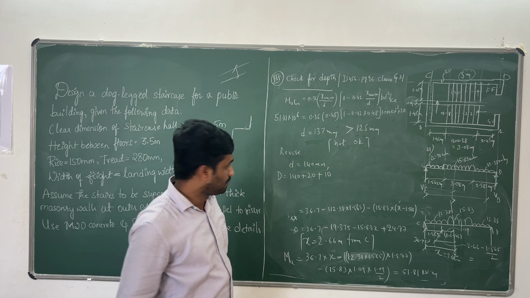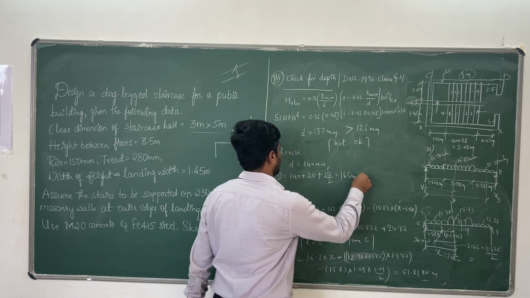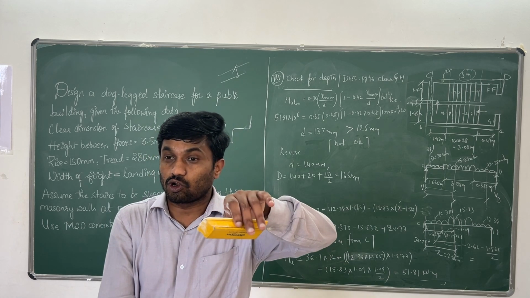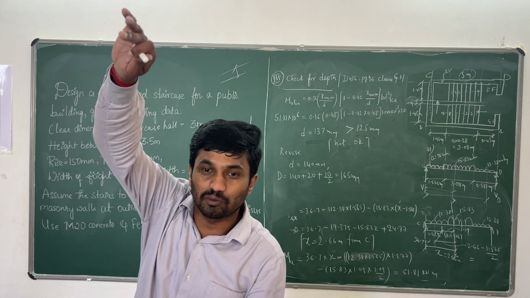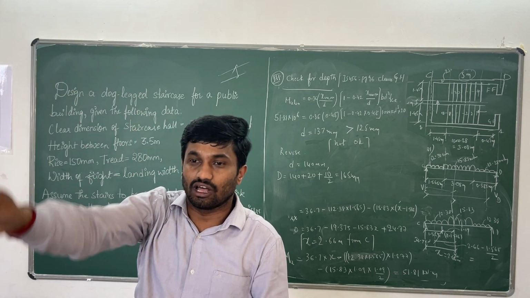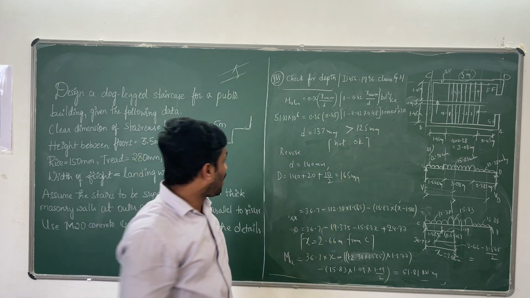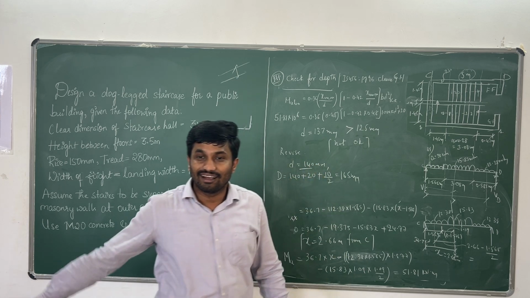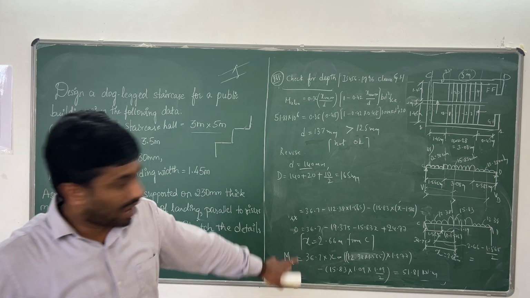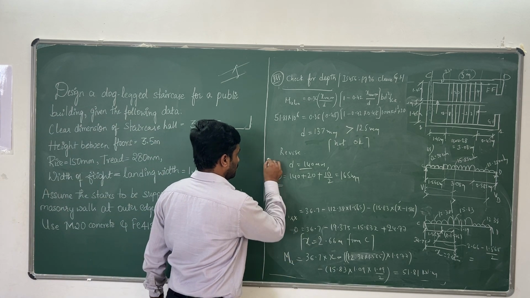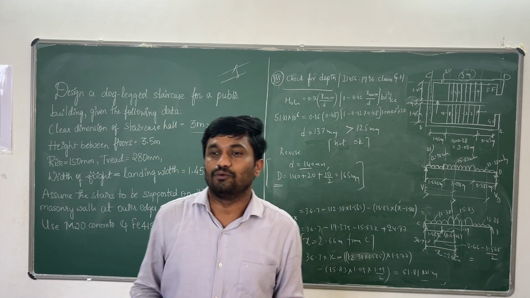Now your revised overall depth is 165 mm. Earlier you assumed 150. So now you have revised based on the actual calculation. Now I am providing 140. I am revising my design. Now d equal 140, and the total depth is 165.